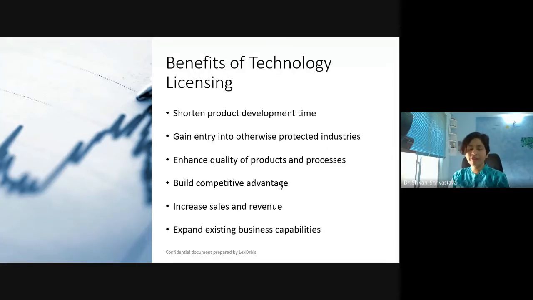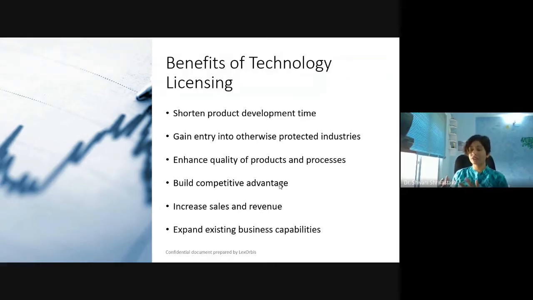So why should I license my technology? The first thing is, it will shorten the product development time. If I have created something, I don't have infrastructure, I don't have an industry for the product development. If I'm going to establish a new industry or new factory for this, it will take a lot of time and money.